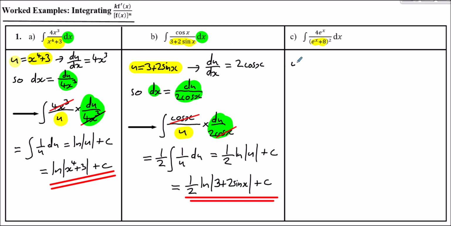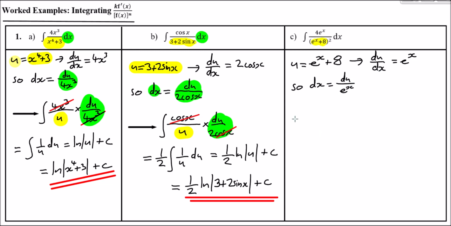So u, we're going to say, is e to the x plus 8. Differentiate that to get du over dx, which of course is just itself. So now we can say dx must be du over e to the x.